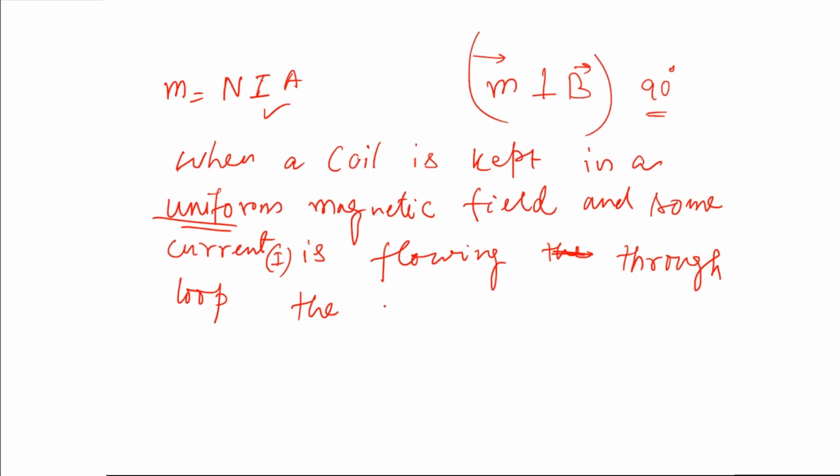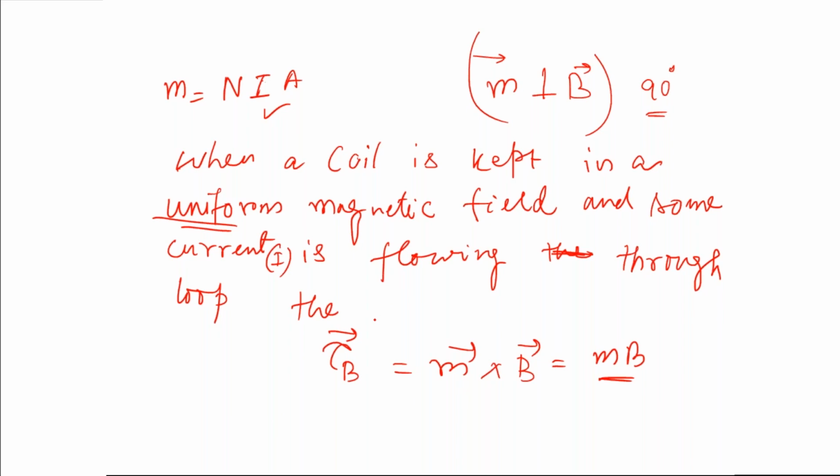M cross B. And I just said this is a 90 degree angle, so M B sine 90 degree is 1, so I am writing M B. So this is the magnetic torque the coil which we are discussing will experience.